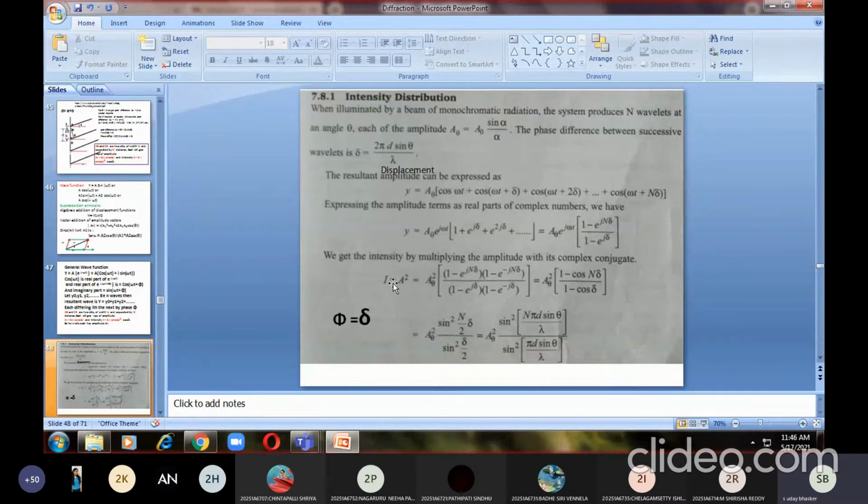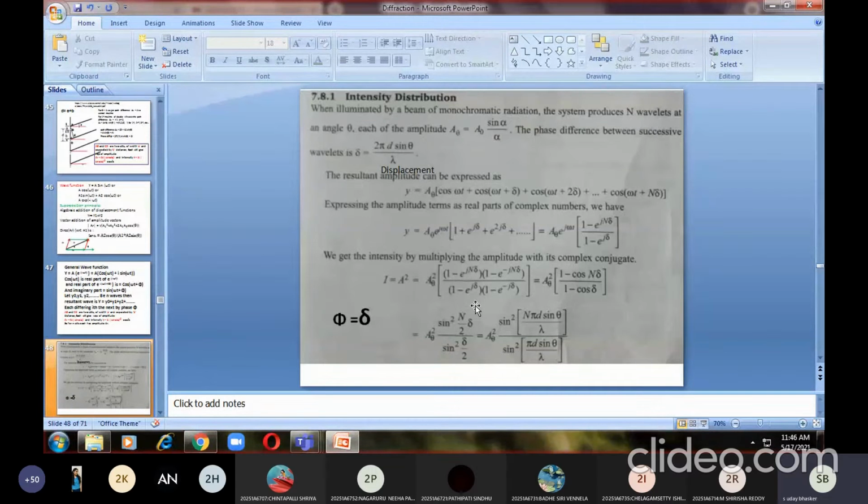So intensity is A square, which is nothing but the square of this complex number. Now, if the square of this complex number is to be made real, then please understand that you have to multiply it with its complex conjugate. Intensity is real, amplitude is complex.